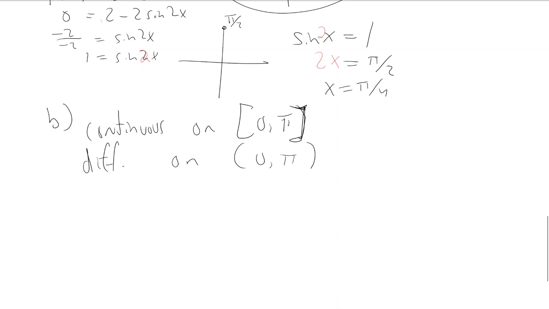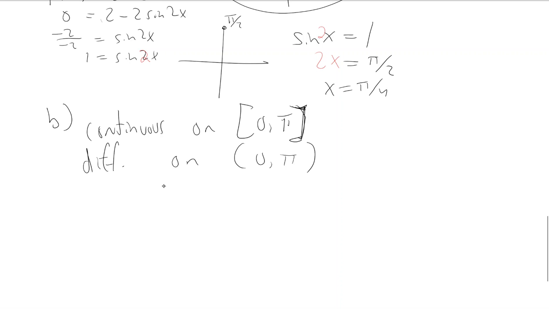Differentiable on 0 to pi. Technically, the differentiability doesn't have to include the endpoints. I know we haven't talked about that much, but I had that in your notes. So because of that, mean value theorem guarantees there's a value of x where this happens.